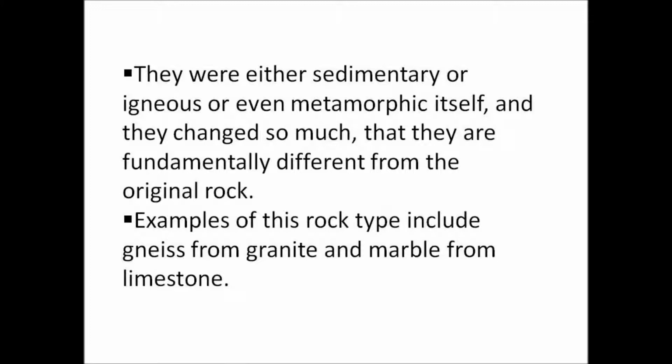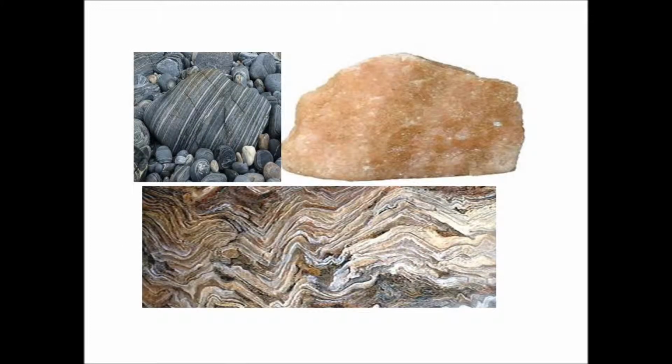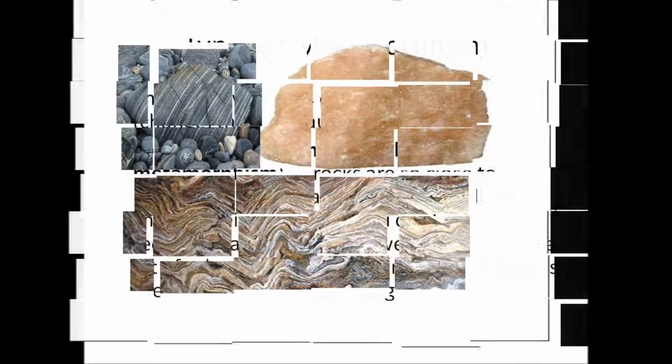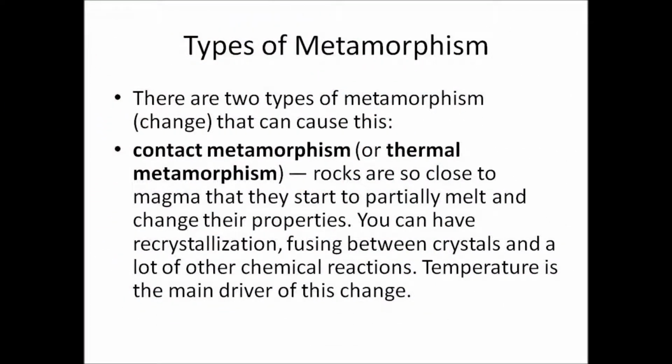The rocks were either sedimentary or igneous rocks, or even metamorphic themselves, and they changed so much that they are fundamentally different from the original rock. Examples of this type of rock include gneiss from granite and marble from limestone.